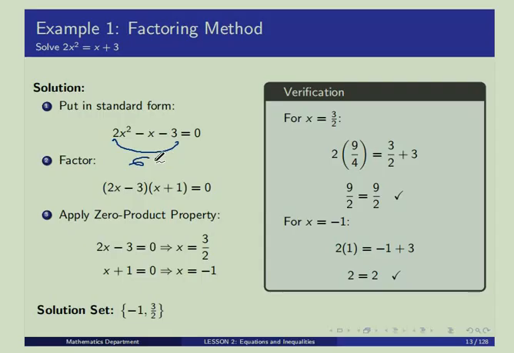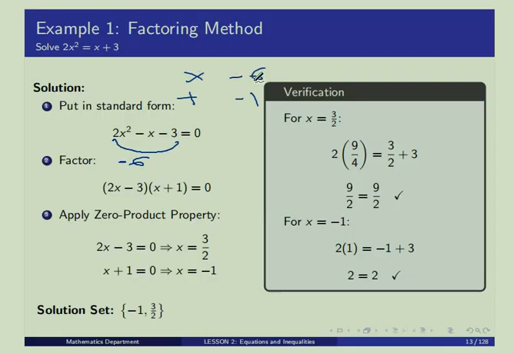So you are looking for 2 numbers such that if you multiply them, they give you minus 6. Take note of this negative here. And if you add, they give you minus 1. So you are looking for 2 factors such that that's what you get.